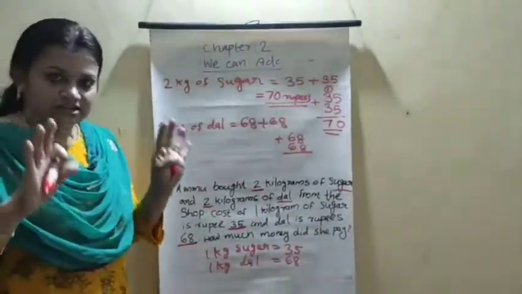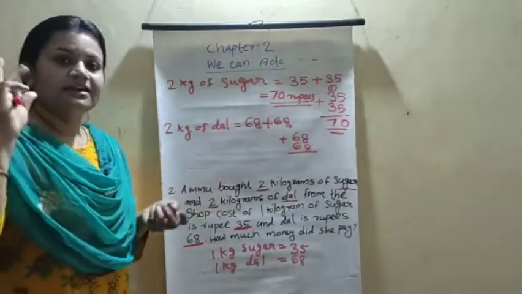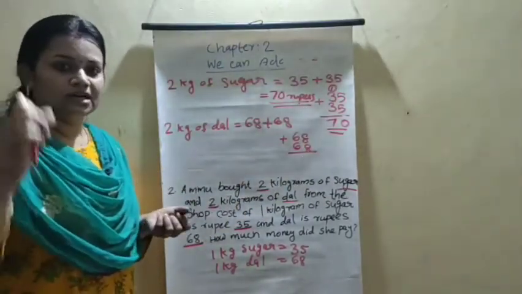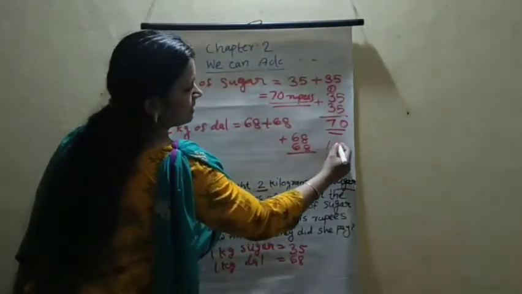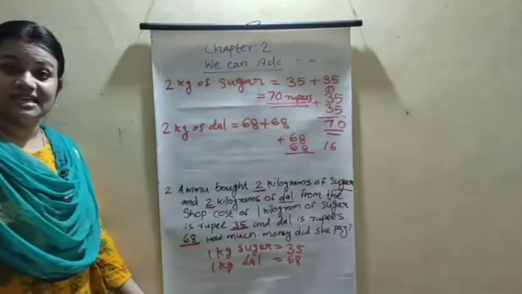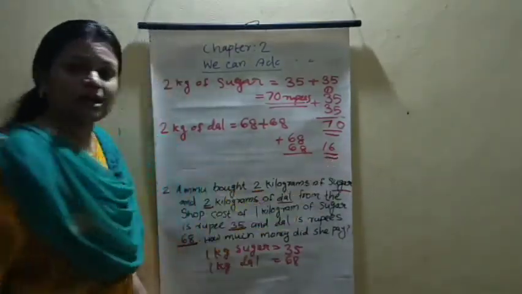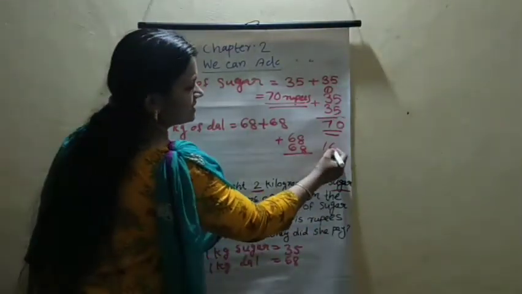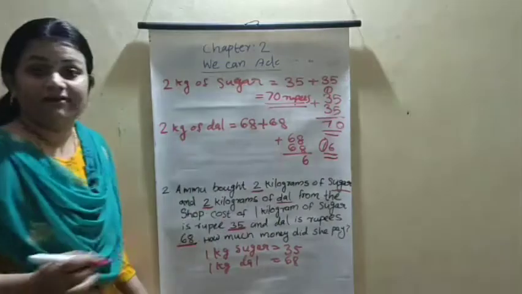Take 8 fingers in your hand. Count after 8: 9, 10, 11, 12, 13, 14, 15, 16. What is this? 16. How to write 16? The 6 is right here. 1 is the carryover.